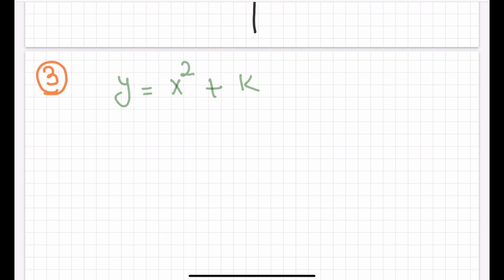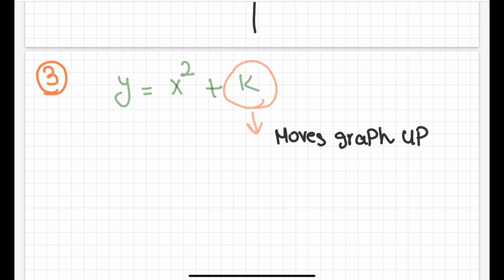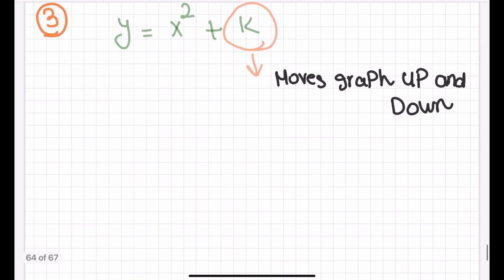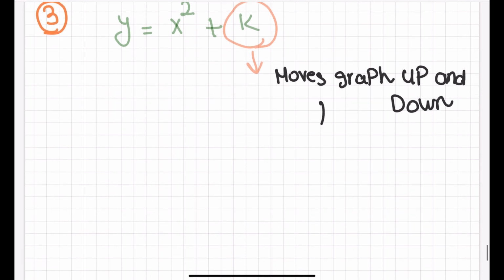The k moves your graph up and down, and it's called vertical translation. This is what it's called.